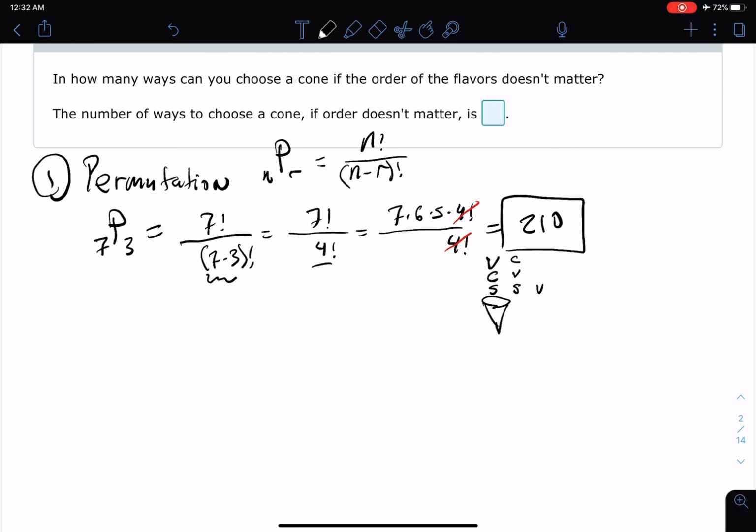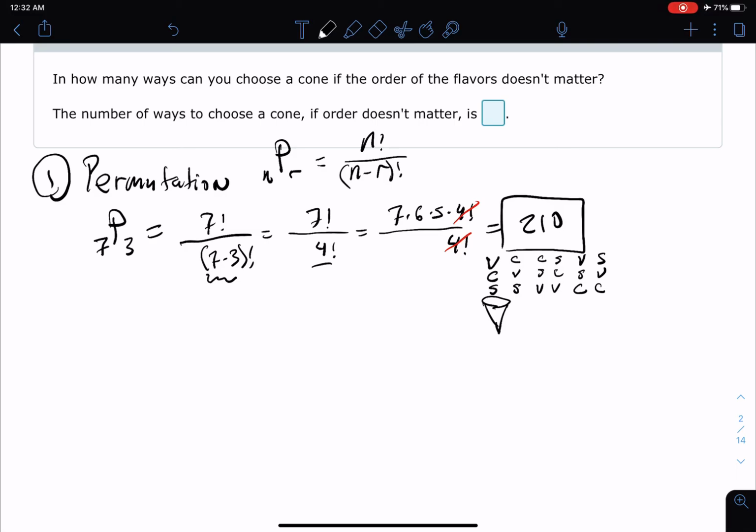I could have vanilla, strawberry, chocolate. And how about if I had vanilla on the bottom and a chocolate and strawberry? Okay, what else could be on the bottom scoop? Chocolate, strawberry, vanilla, but I could also have chocolate, vanilla, strawberry. So just with those 3 flavors, we're coming up with 6 different ways of arranging them.